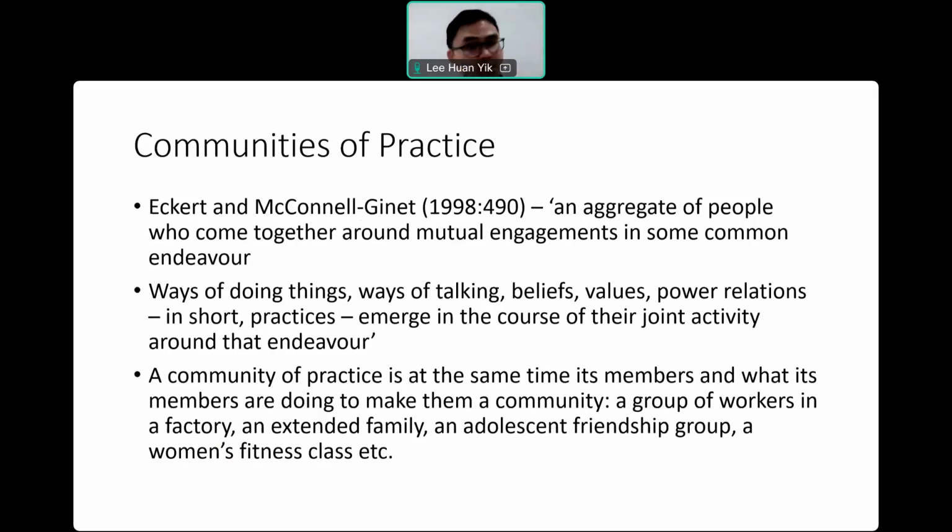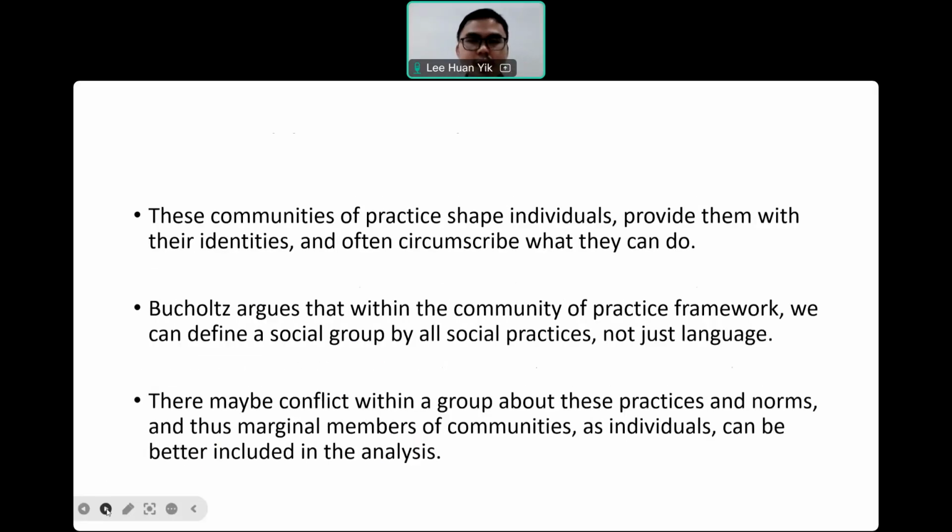It can be a group of workers in a factory, for example, an extended family, a special interest group, a women's fitness class, or friendship groups and so on. It's sometimes closely knit, and you can do it face to face or online these days. These community practices shape us and provide us with a certain kind of identity. You often subscribe to something.